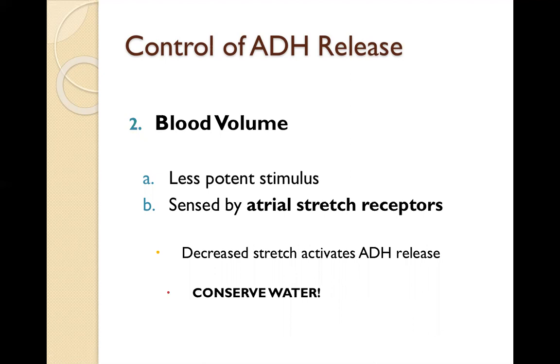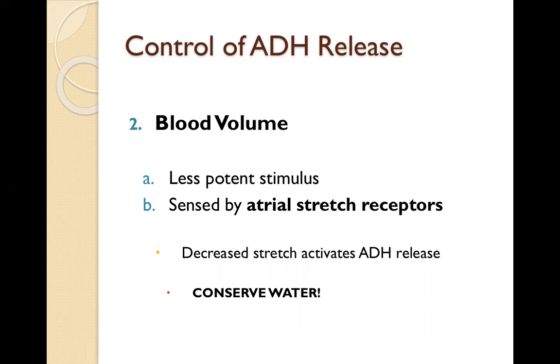Blood volume is also a stimulus of antidiuretic hormone release. It is a much less potent stimulus. It's sensed by atrial stretch receptors. So in your atria, if you have a lot of stretch, that's going to indicate that you have enough fluid volume and you don't need to release antidiuretic hormone.